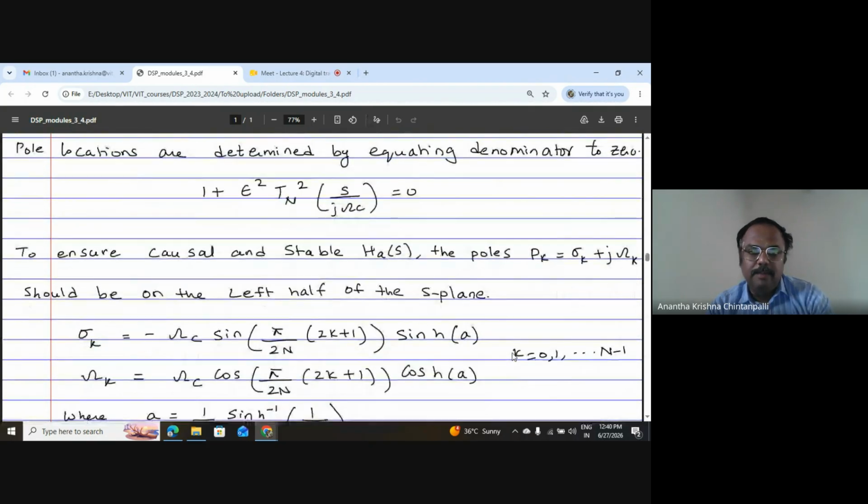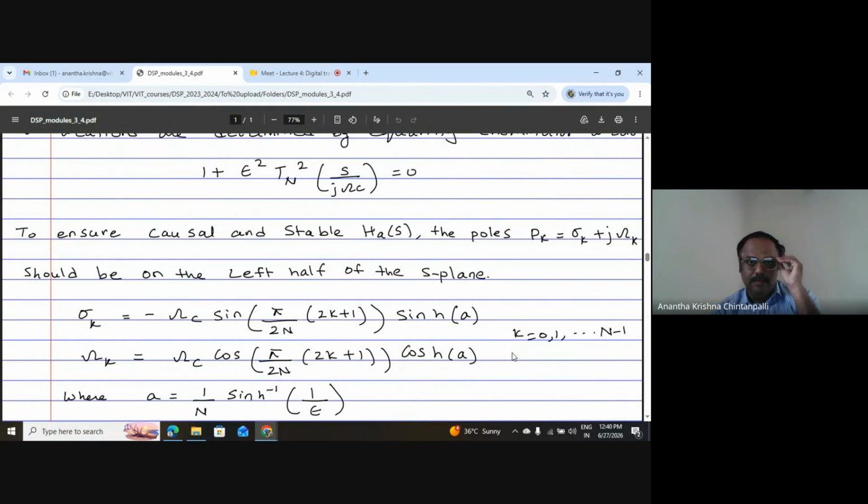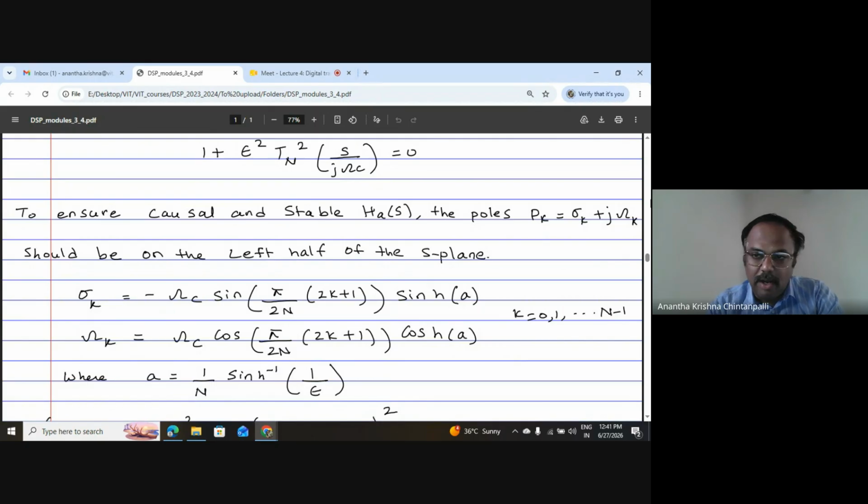Without going into the math of the derivation, I'm going to just write down the formulas. To ensure a causal and stable H of s, the poles pk equal to sigma k plus j omega k should be on the left hand side of the s plane. This is the formula for sigma k, and this is the formula for omega k.